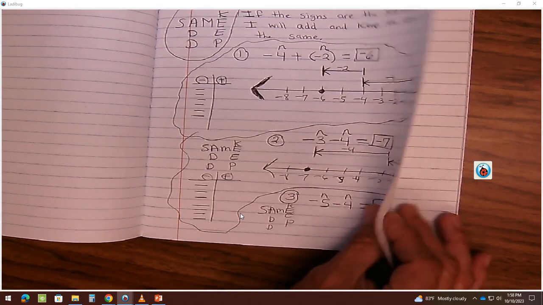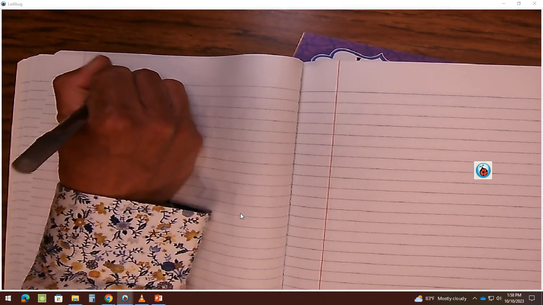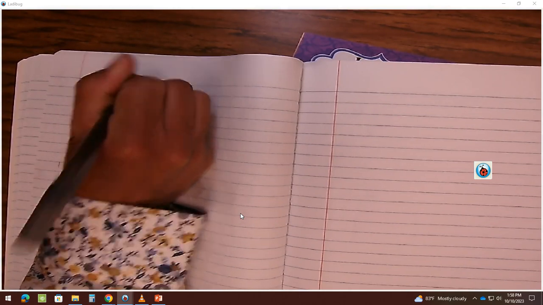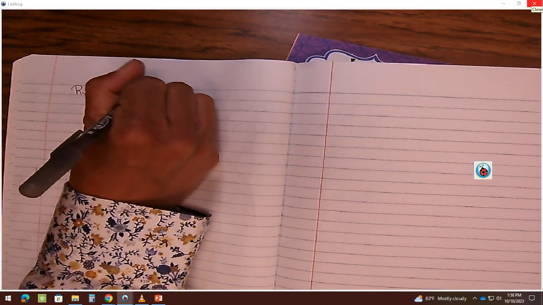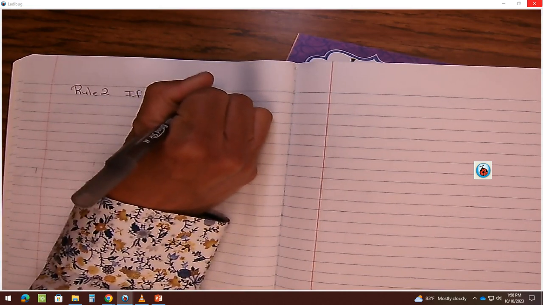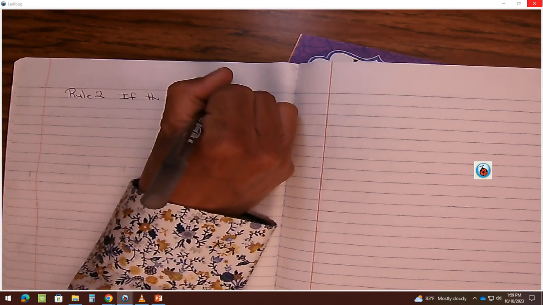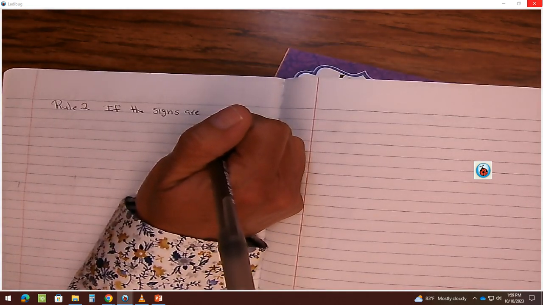We're going to begin rule 2. Behind it. Rule 2. There are 4 rules that I'm going to teach you about integer rules. Rule 2. If the signs are, guess what? Let's see who can finish. If the signs are what? What do you think I'm going to say now?